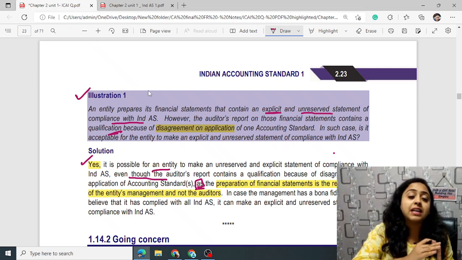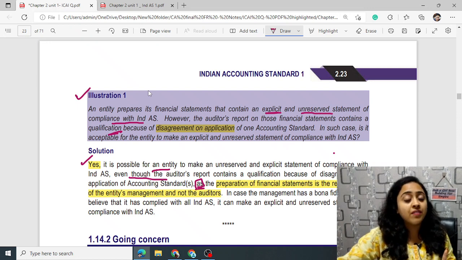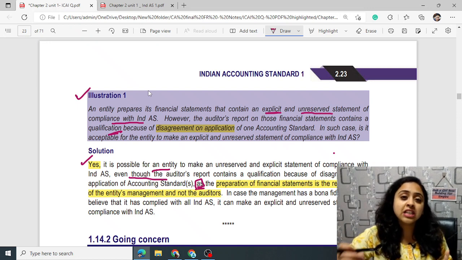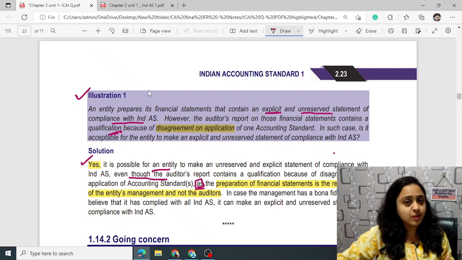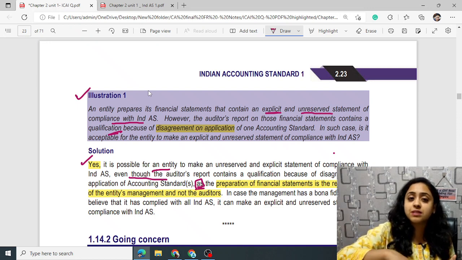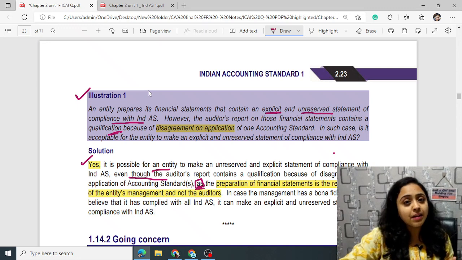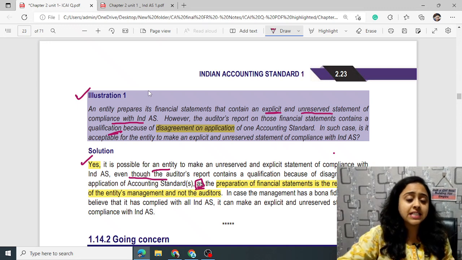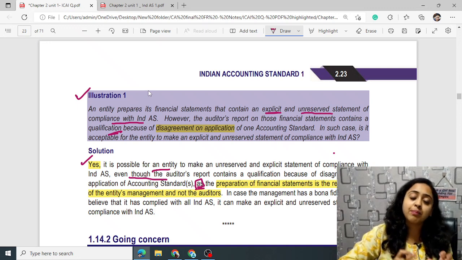The management has the whole responsibility to prepare the financial statements, whereas the auditor's responsibility is just to check those financial statements. The responsibility is of management, and if it has prepared and is stating that they have complied with Ind AS, it will be considered as complied with Ind AS.